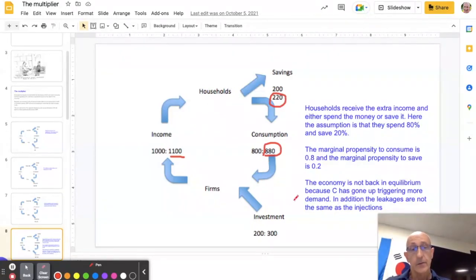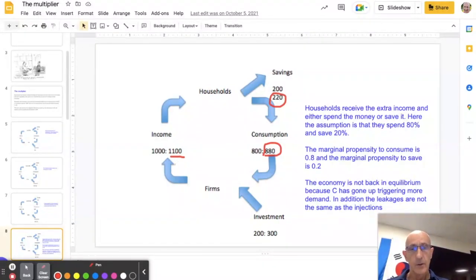However, we're not back in equilibrium here, because if we again look at C plus I, C is 880, I is now 300. That adds up to 1180, which we can see is still more than the output, the income that the firms are producing. So we've still got an imbalance.